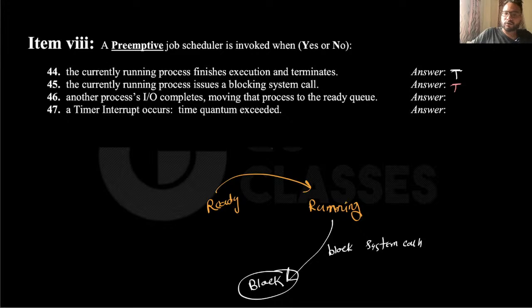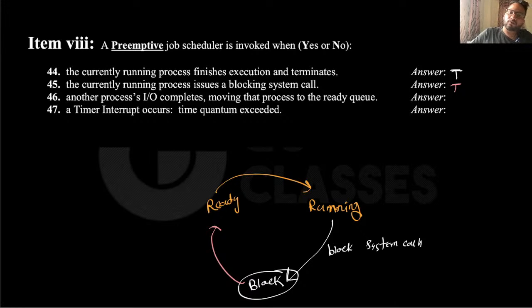Another process's IO is complete, moving that process to the ready queue. Okay, if you're moving from blocked to ready, then do you run a job scheduler here? What do you think? Another process's IO is complete, which means the currently running process's IO is not complete, and another process's IO is complete, moving that process to the ready queue.